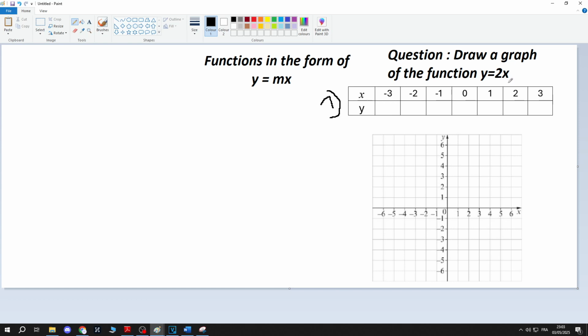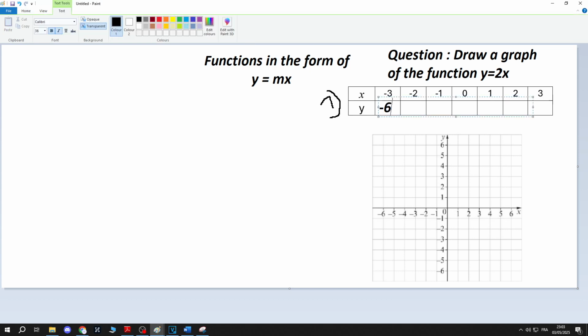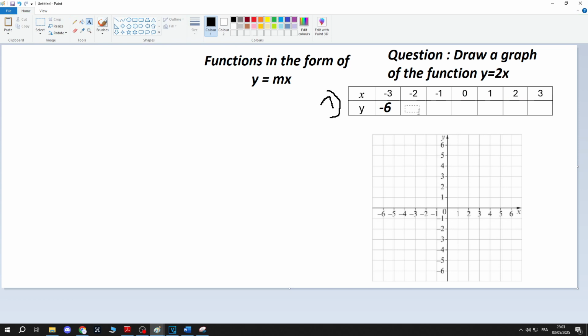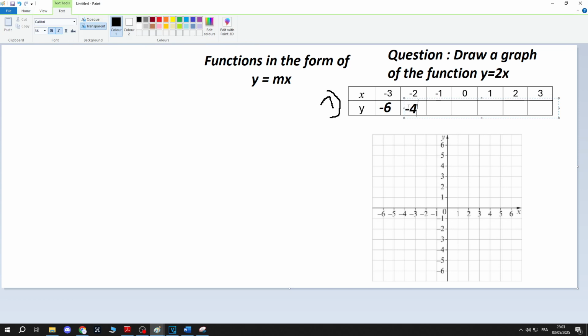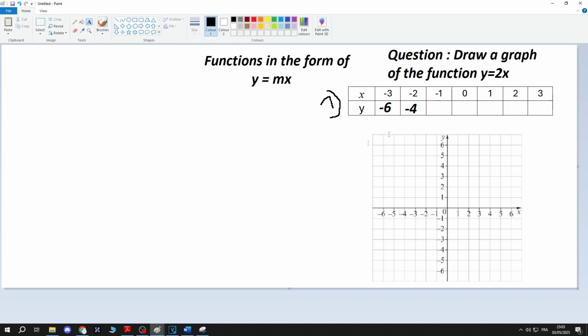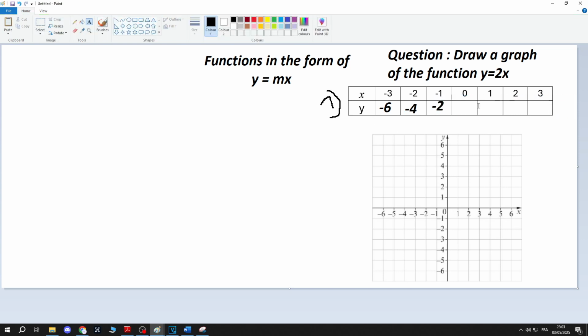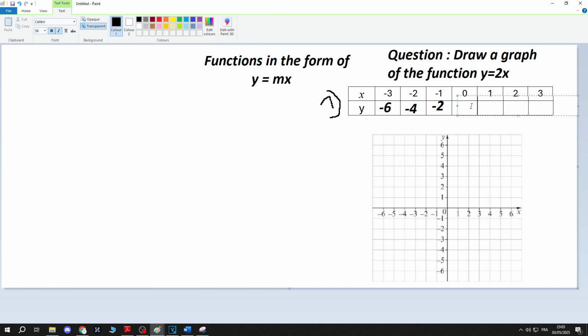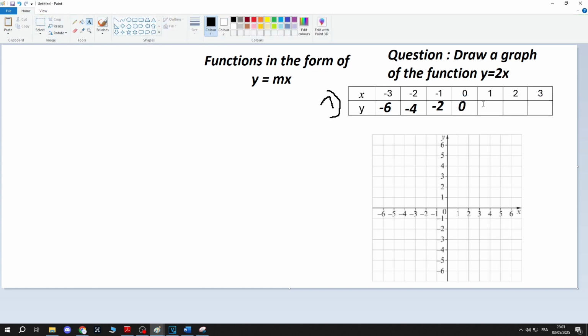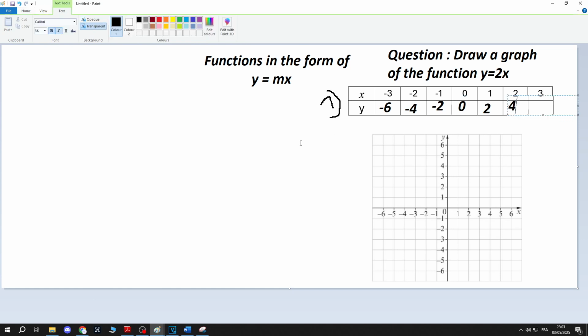So if I replace x with -3, y would be -6. And then if x is -2, y is -4, because -2 times 2 is -4. -1 times 2 is -2. 2 times 0 is 0. 2 times 1, 2. 2 times 2, 4. And 2 times 3 is 6.